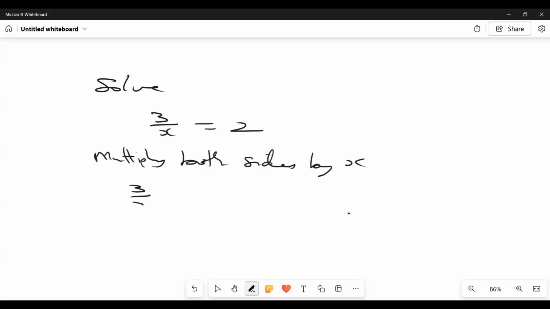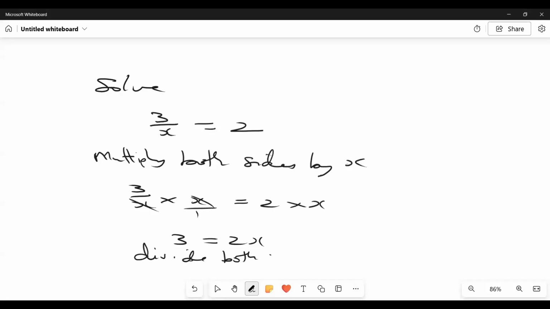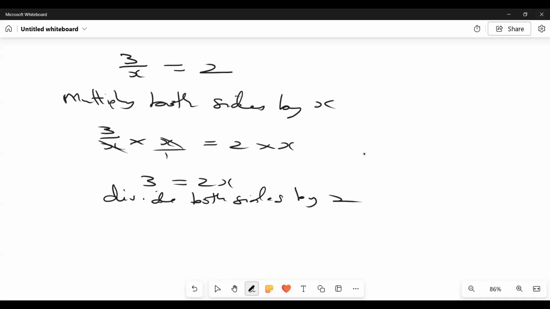So we end up with, and you're left, well, these two will cancel out, right? Because x over 1. And you end up with 3 is equal to 2x. And now you divide both sides by 2, right? So let's go with that. You get 3 over 2 equal to 2x over 2. These two will cancel. We end up with x equal 3 over 2, right? Which is 1 1/2.